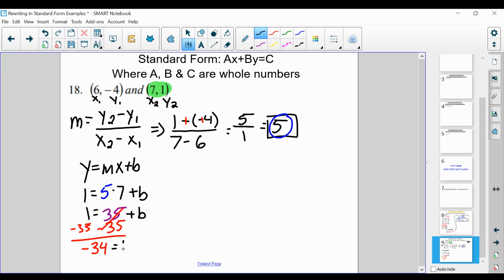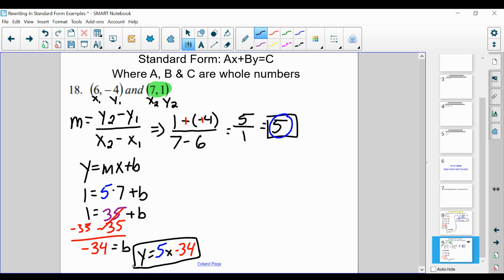That's equal to our b value. And we can rewrite in slope-intercept form. Y is equal to 5, because that's our slope, x minus 34.